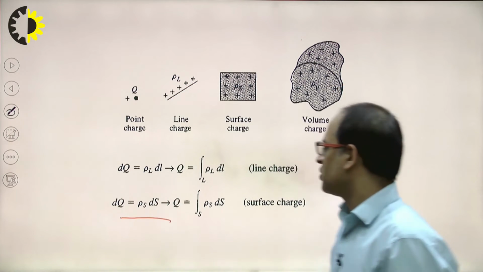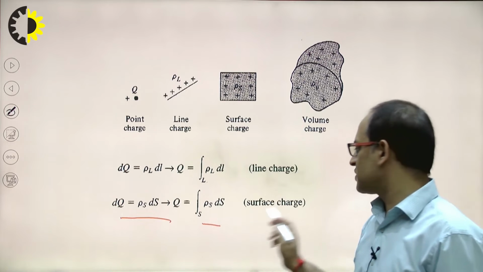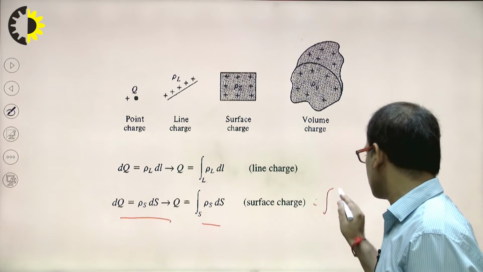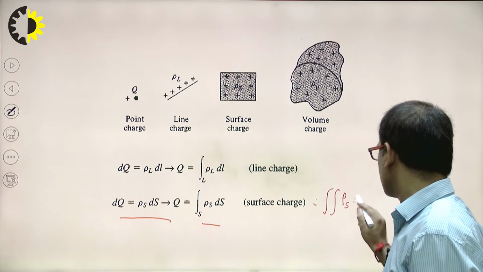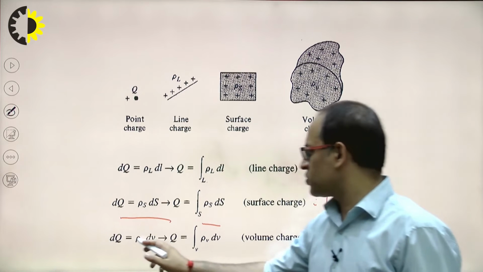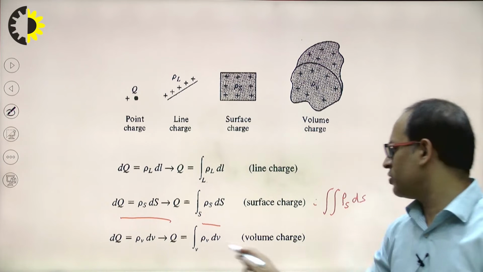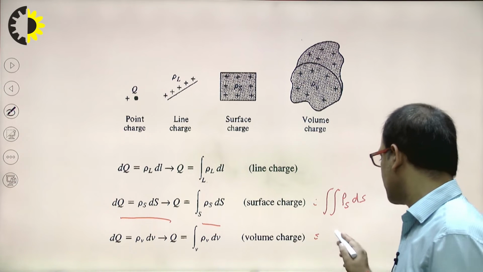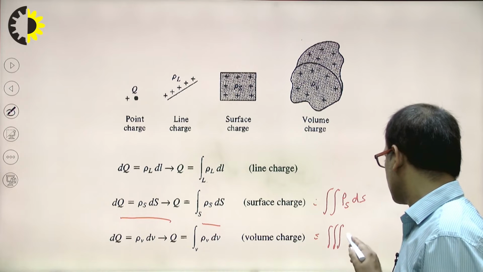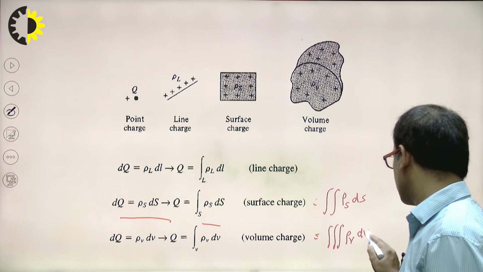That is, dq equals rho S dS, the surface integral, and Q equals the volume integral of rho V dV.